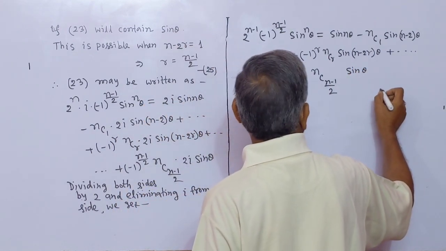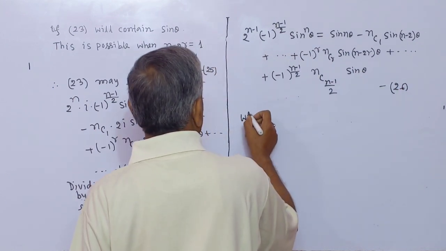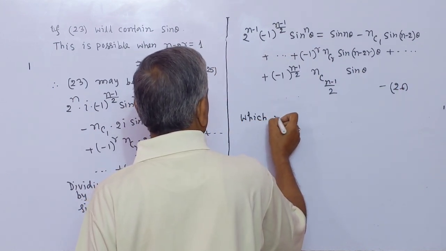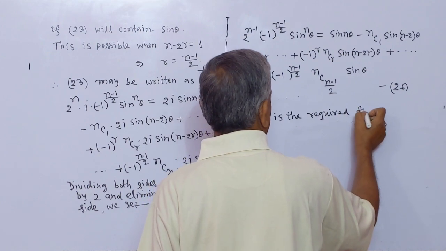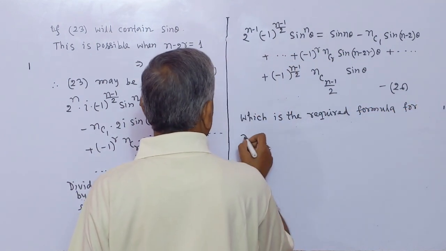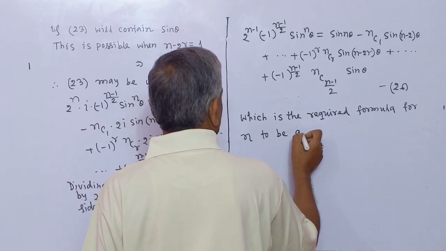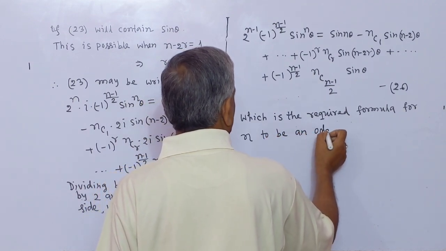This is number 26, which is the required formula for n to be an odd number.